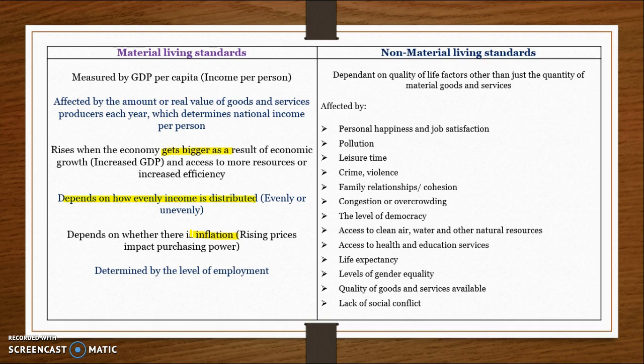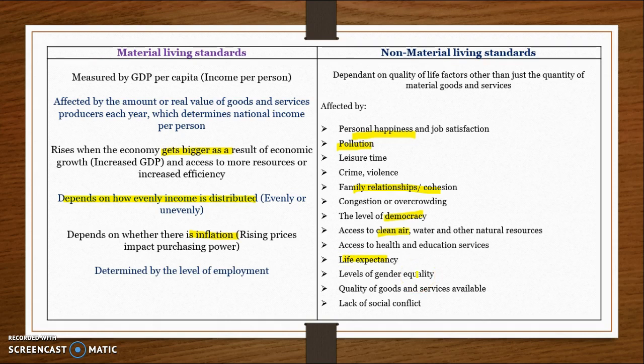Non-material living standards are referred to as other quality of life factors other than just your income. So that can be personal happiness, pollution, the amount of leisure time you receive, crime, violence, family relationships, democracy, so whether you have a say in society, access to clean air, life expectancies and health, are all examples of non-material quality of life factors that are harder to quantify.